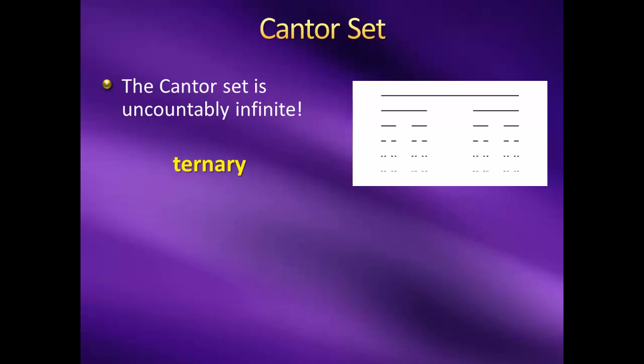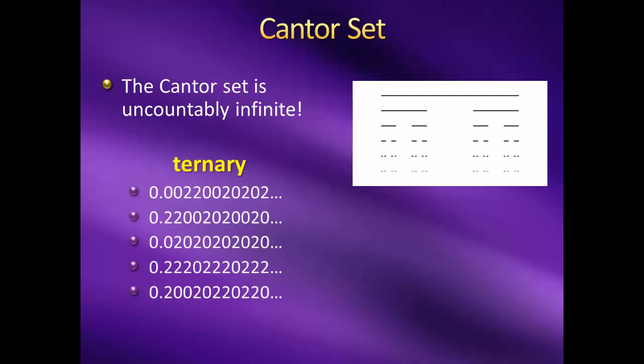Basically, for a number to be in the Cantor set, it must be able to be represented as a ternary number starting with the 0 point, and from that point on, containing nothing but zeros and twos, no ones allowed. Then from there, we can just apply Cantor's diagonal argument from a couple of lectures ago, swapping the zeros and twos to get a new number, and that shows that the Cantor set is uncountable.